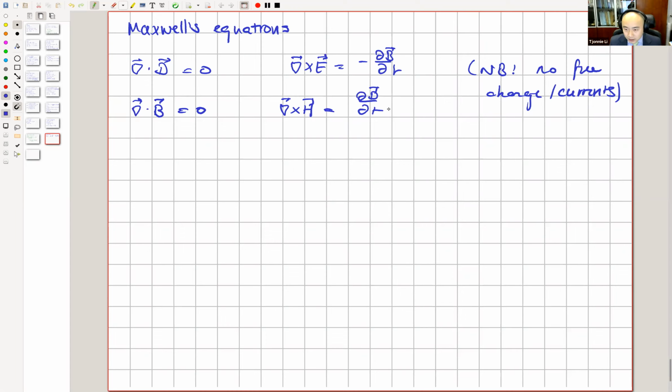And so in this case, when we are having the medium, again, we typically assume that the medium is a linear and homogeneous material.